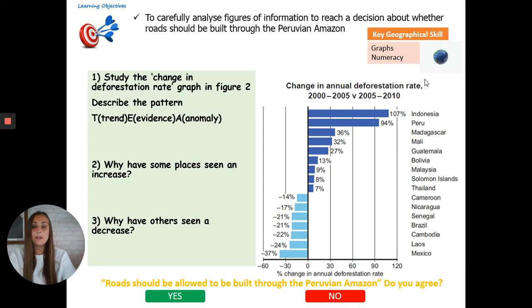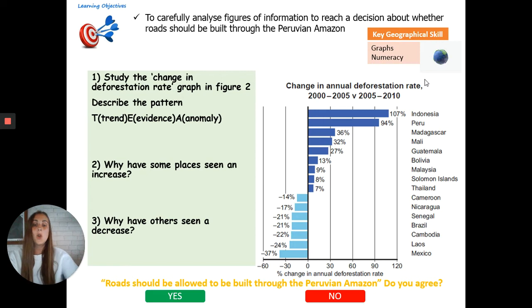What this graph shows is the change in annual, so yearly, deforestation rate, and it compares the period of time 2000 to 2005, and then compares that to 2005 to 2010, and it shows you all the different countries on the right hand side, whether the amount that they're deforesting, which you learned about a couple of weeks ago, so chopping down trees, has that increased compared to 2000 to 2005 and 2005 to 2010, or has it decreased, and so on. So again, in a second, pause the video, have a go at describing the trends.